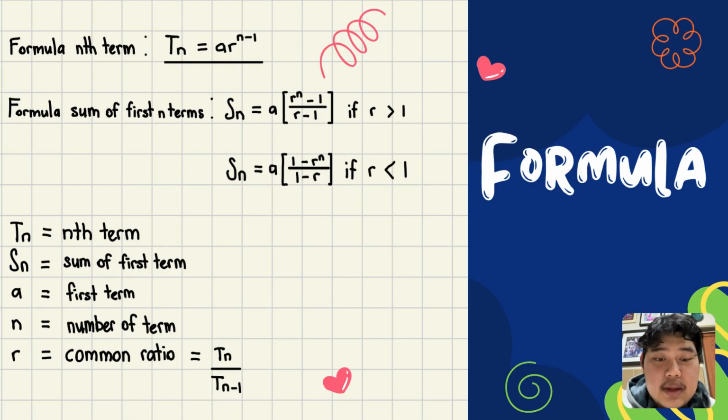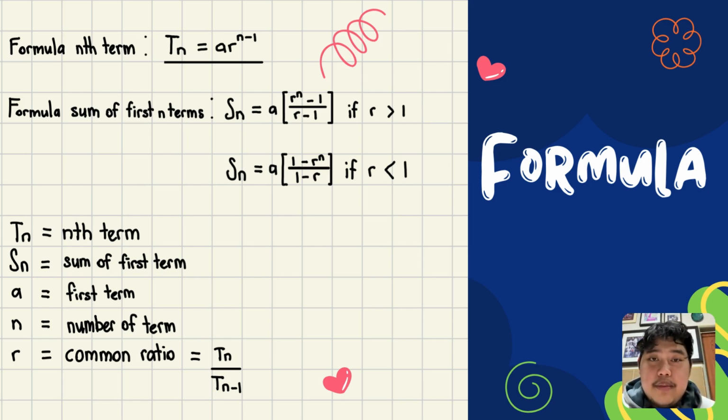Okay, so now I'm going to talk about the formulas. The nth term is Tn equals A R to the power of n minus 1.